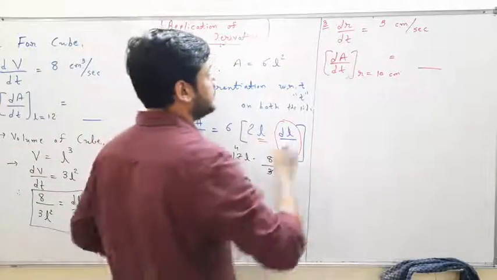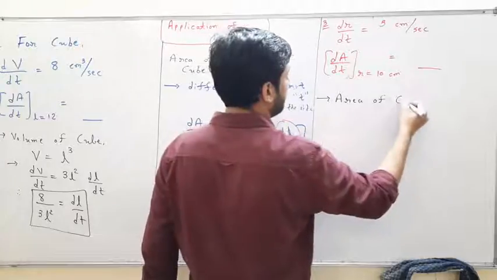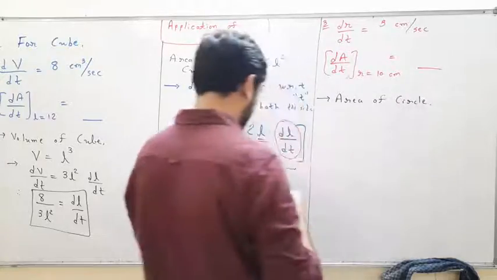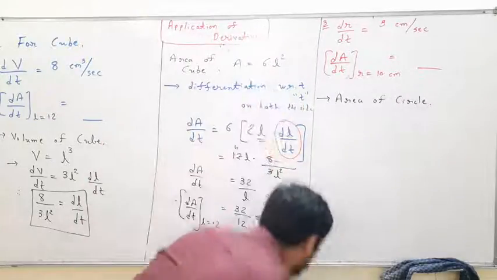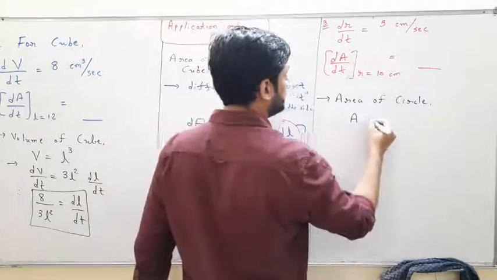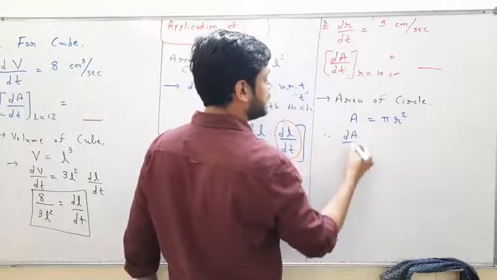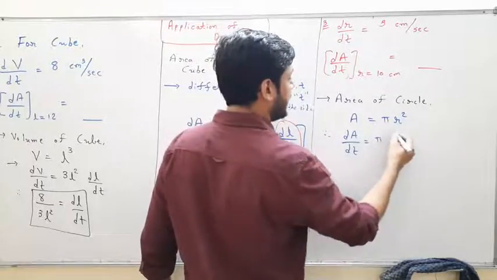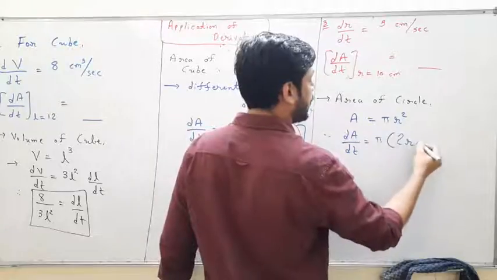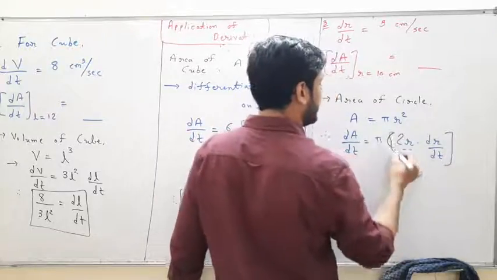So area of circle is pi r square. A is equals to pi r square. When we differentiate with respect to time, dA by dt, pi as it is, differentiation of r square is 2r, and by chain rule, differentiation of r with respect to t is dr by dt.